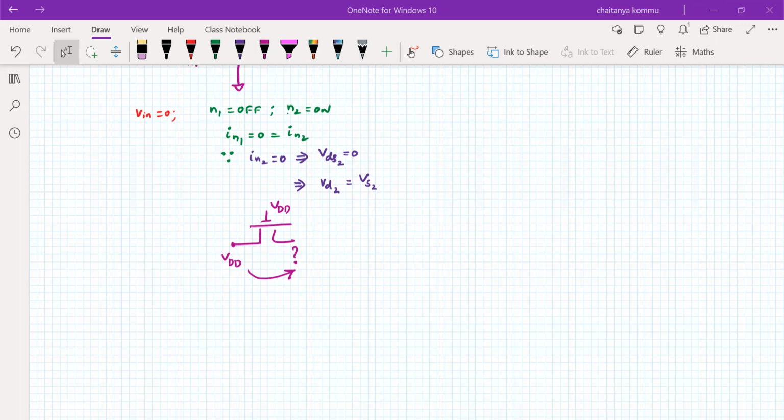From the perspective of pass transistors, when it is an nMOS transistor, the source must be at a low potential and the drain must be at a high potential.